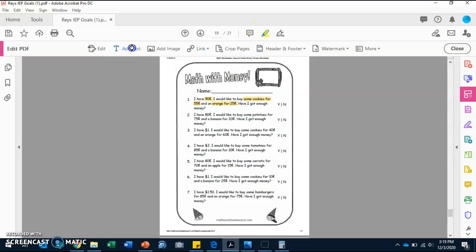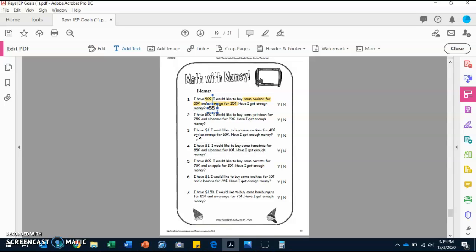So first, I'm going to start off by putting our equation. So, some cookies were 55 cents. And I want to know, are we going to add or are we going to subtract? We have to find out whether he has enough money or not. So first, we have to combine the cookies and the orange to see how much money it costs.